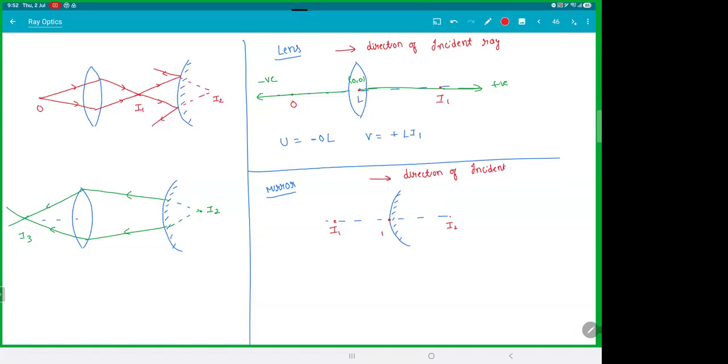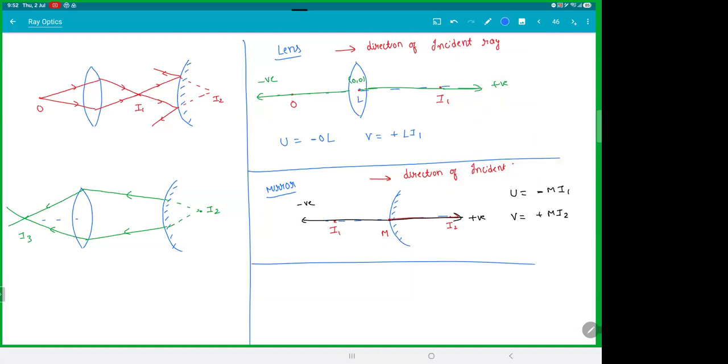We measure the distances from the pole of the mirror, I'll call it M. The right side is positive and the left side is negative. So for the mirror, if you ask what is u, it will say minus MI1. This is my object distance. v is plus MI2. This is my image distance.